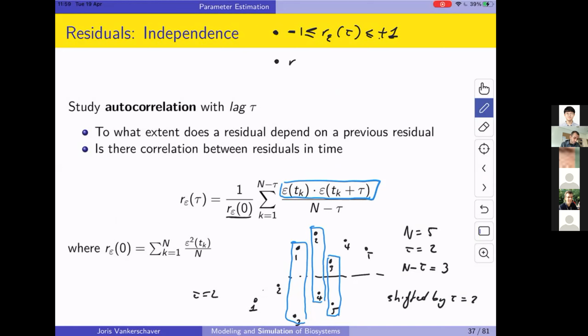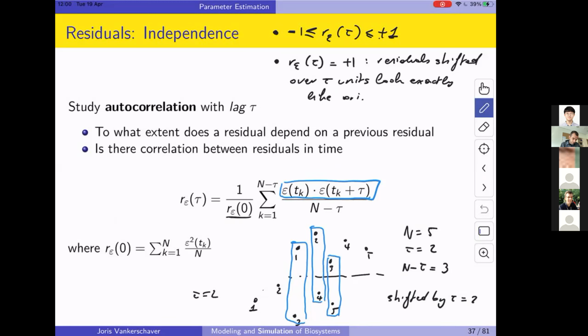Secondly, the autocorrelation can be equal to +1. And what does that mean? Well, this means that residuals shifted over tau units look exactly like the original residuals.